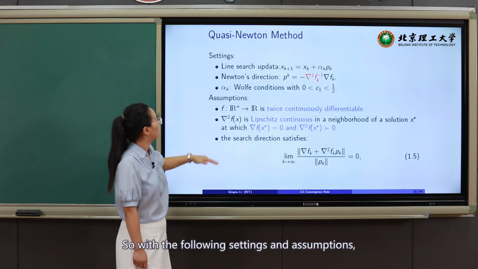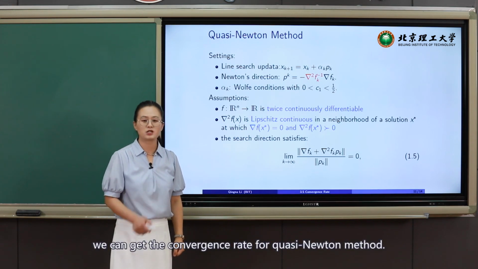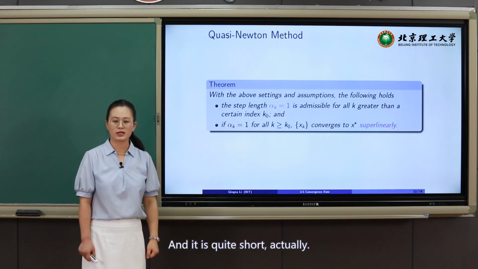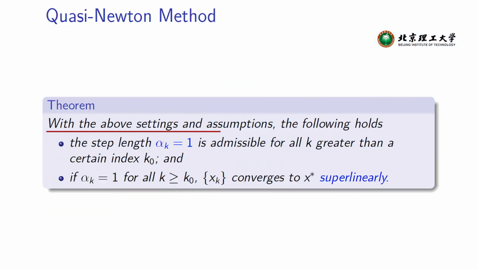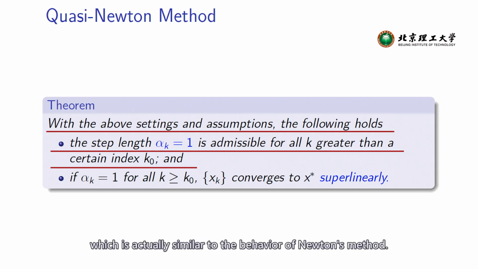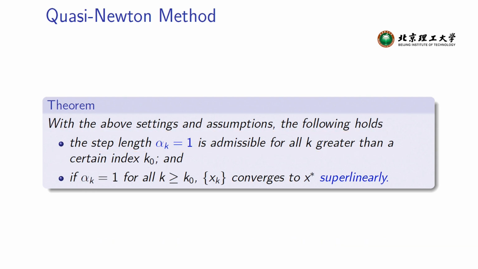With these settings and assumptions, we can get the convergence rate for quasi-Newton's method. It is quite short, and the result basically says that the unit step length is acceptable for all sufficiently large k, which is similar to the behavior of Newton's method.